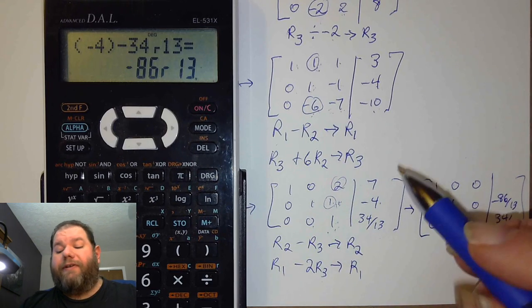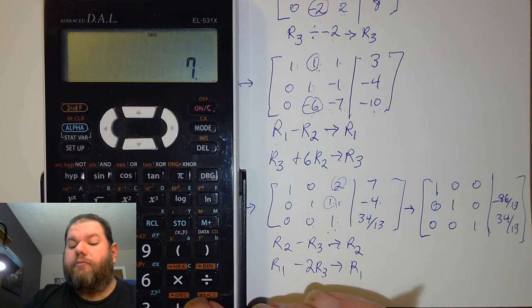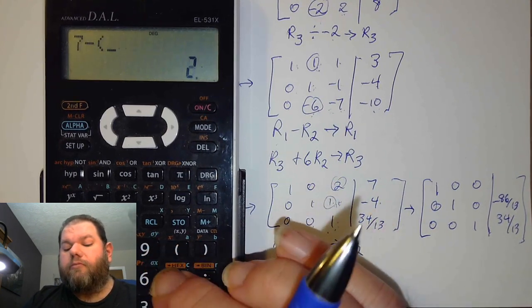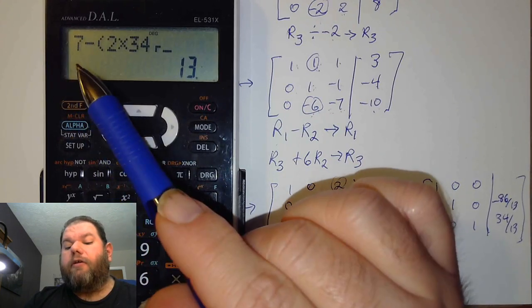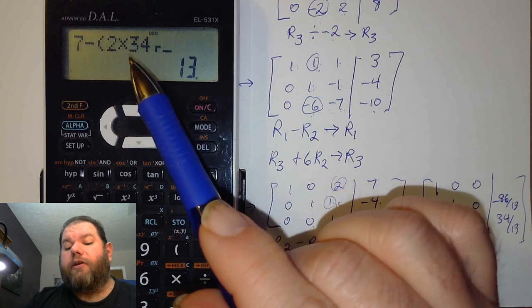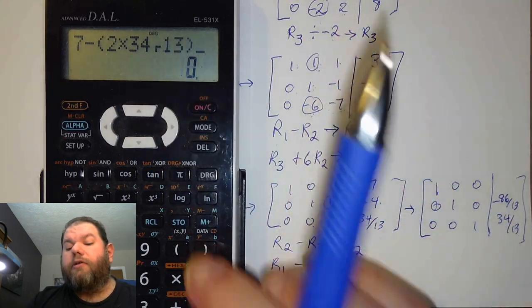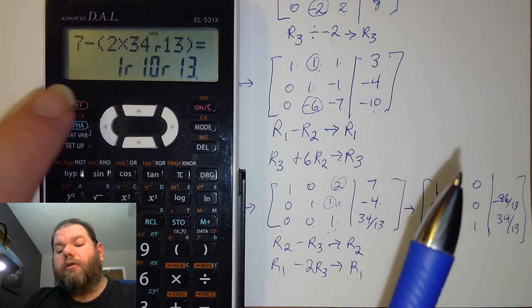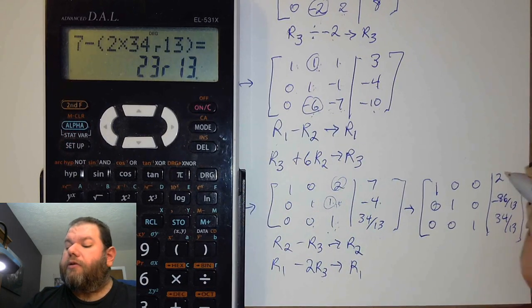Then more importantly, 7 minus 2 times 34 over 13. So that's 7 minus, in parentheses, 2 times 34 over 13, which gives us 23 over 13.